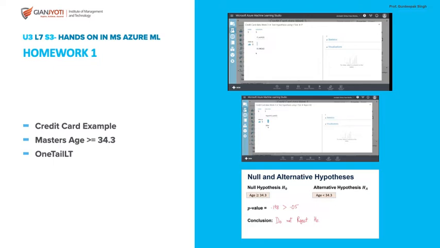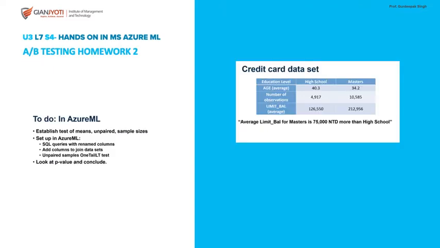So the probability is high to get that age, that is 34.3. So that means we do not reject the null hypothesis. So we take it that yes, the age is greater than or equal to 34.3, and this is not statistical noise.